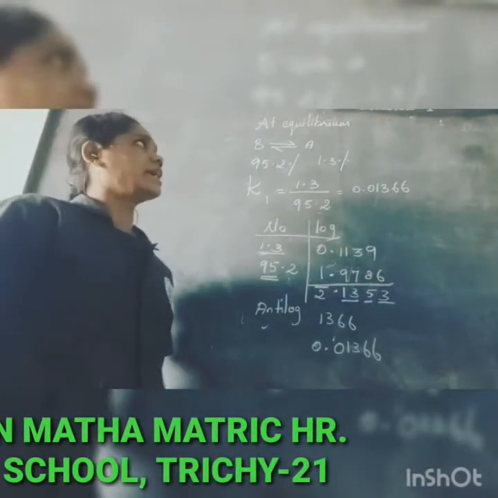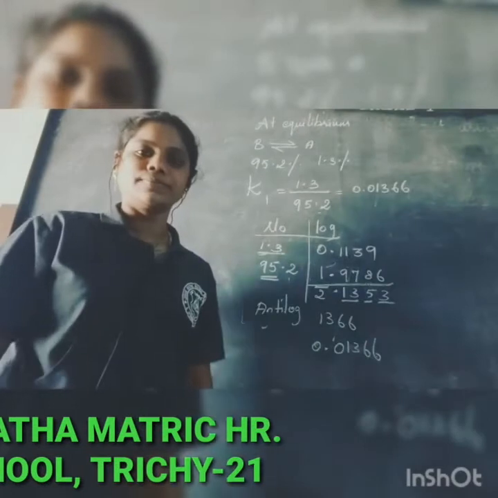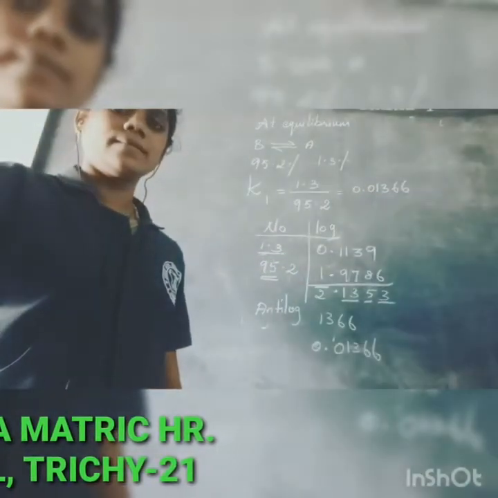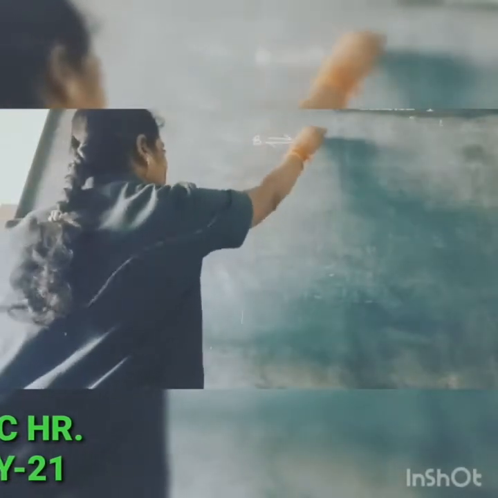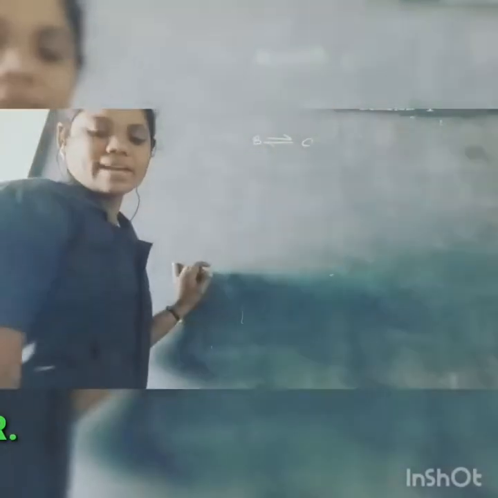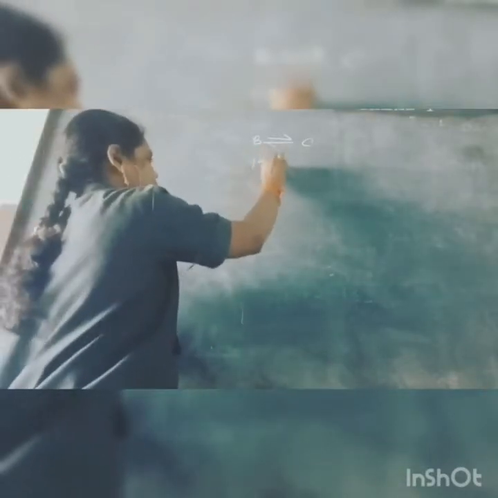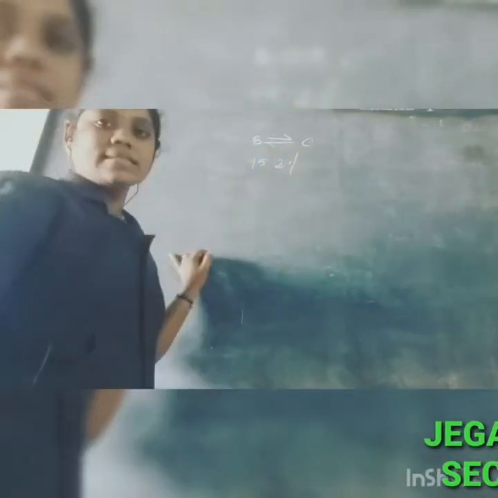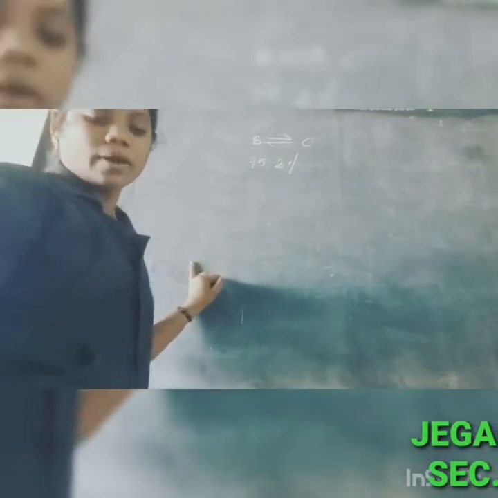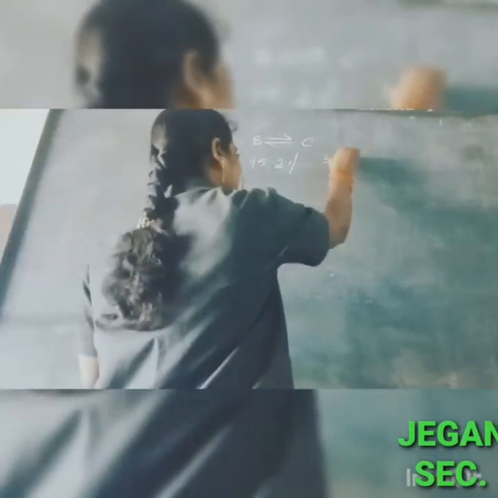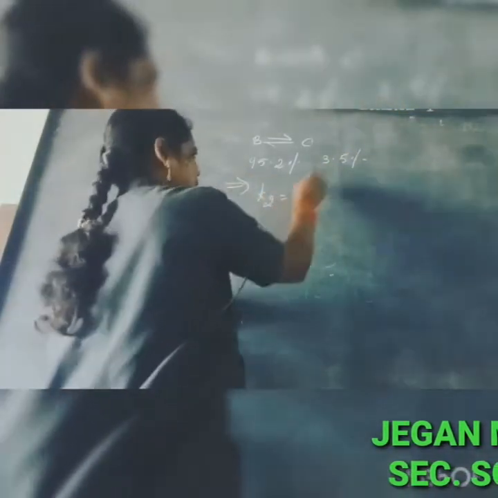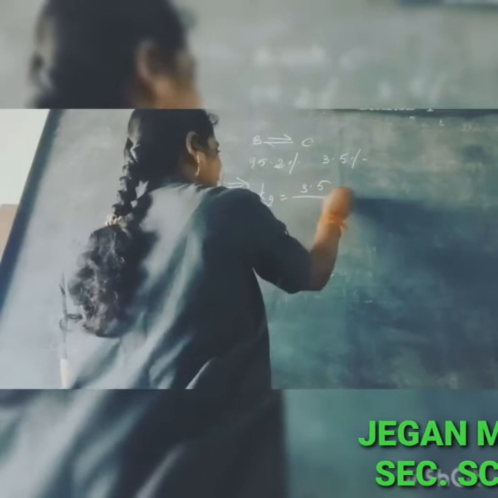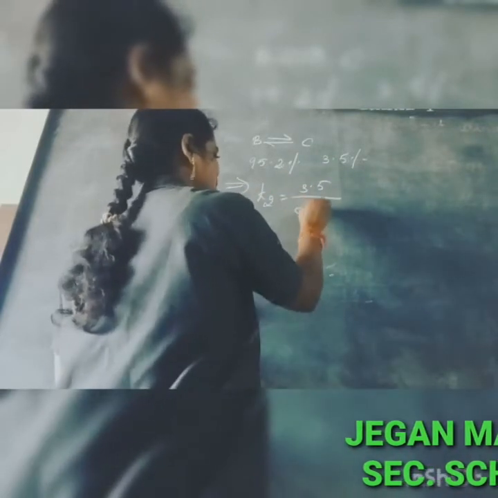And next one is equilibrium constant 2, that is B gives C. What is the value for B? B value is 95.2, and then C value is 3.5. So here K2 is 3.5 divided by 95.2.